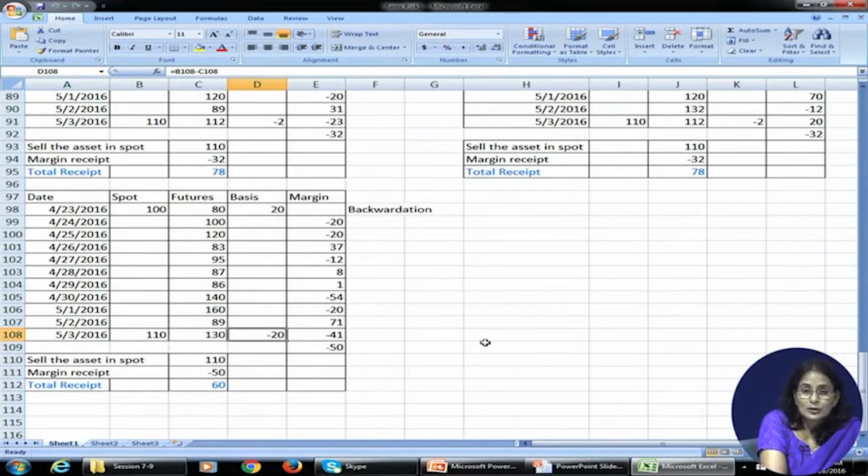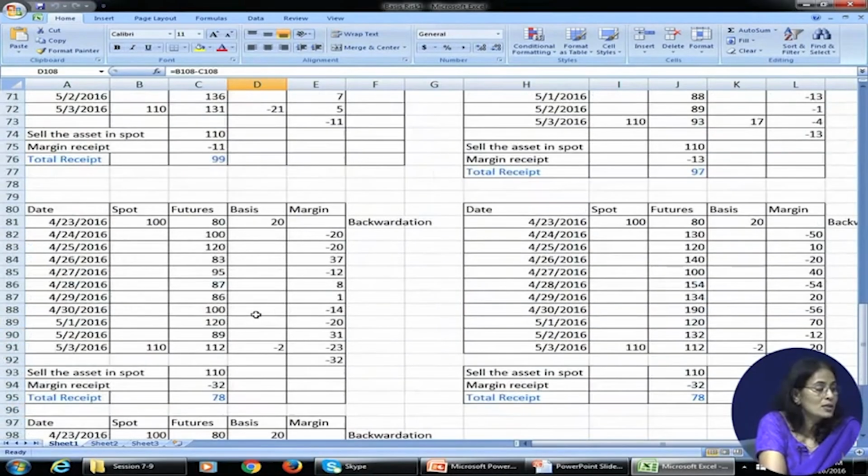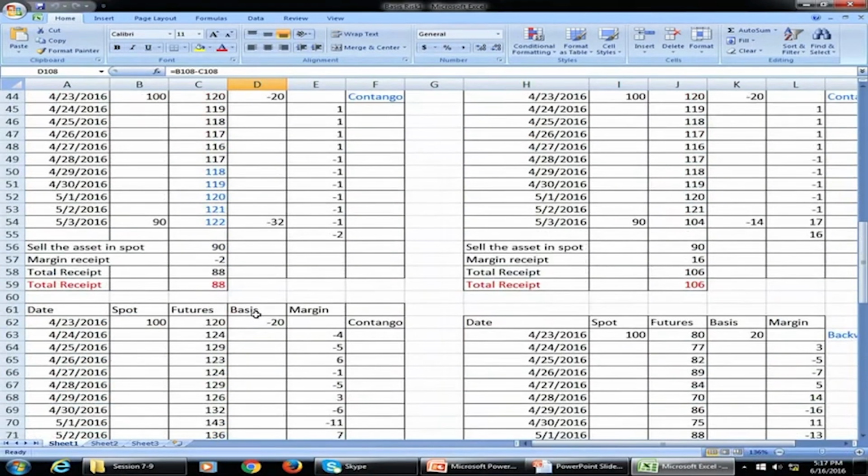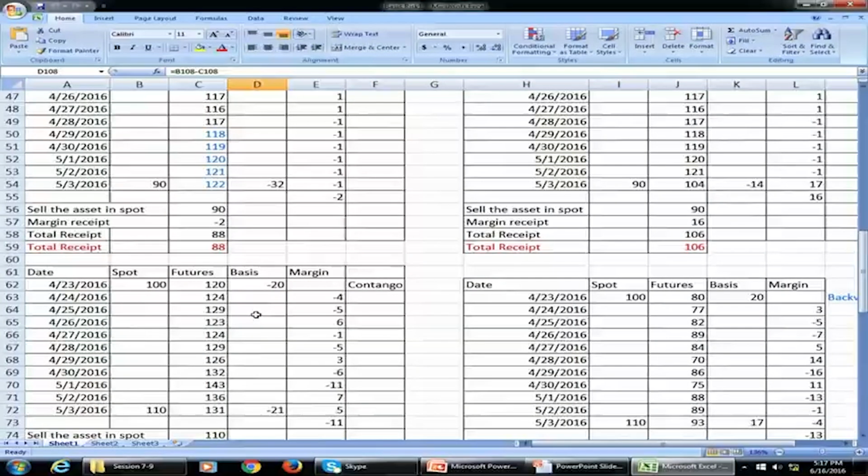So the movement of basis, let's summarize. From this Excel, you will be able to see the actual receipt by a short hedger on the contract expiry date, the contract square off date, the day he is interested in undertaking the physical transaction of selling the underlying asset in the spot market and squaring off the contract before maturity.